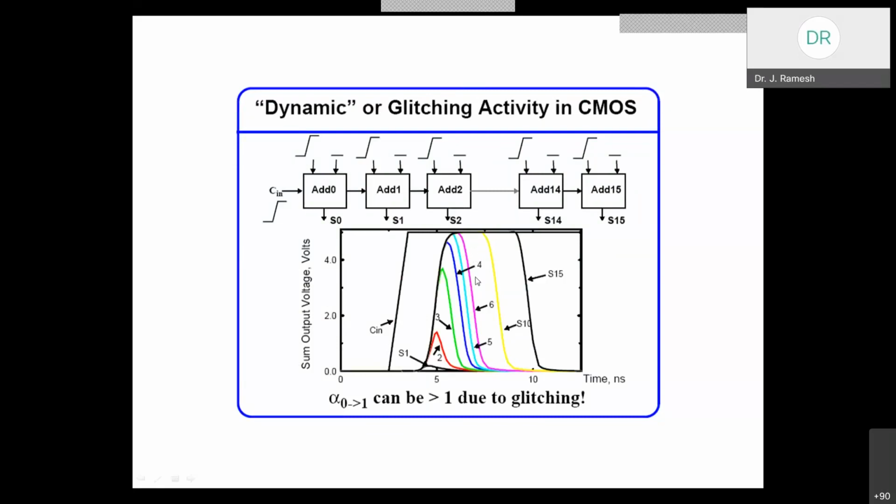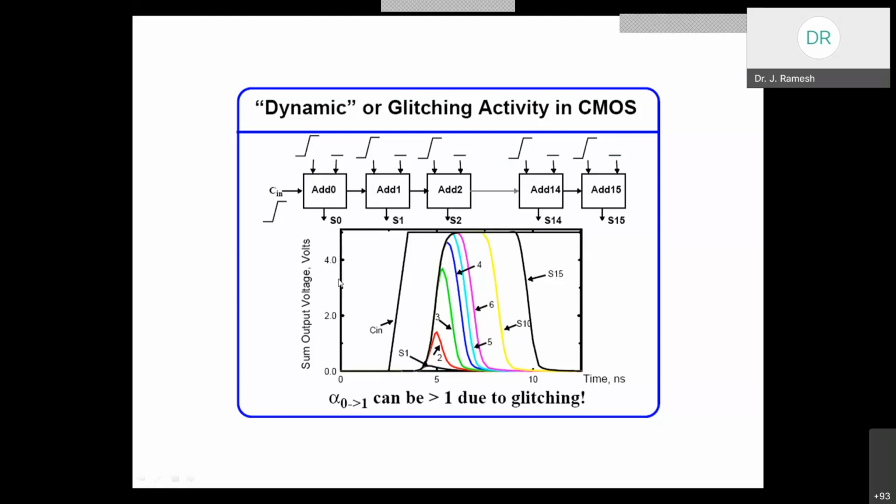But in a system having a number of cascaded stages, this small glitching activity gets propagated through all the stages, and then it can be greater than a logic 1, and for a longer period also.